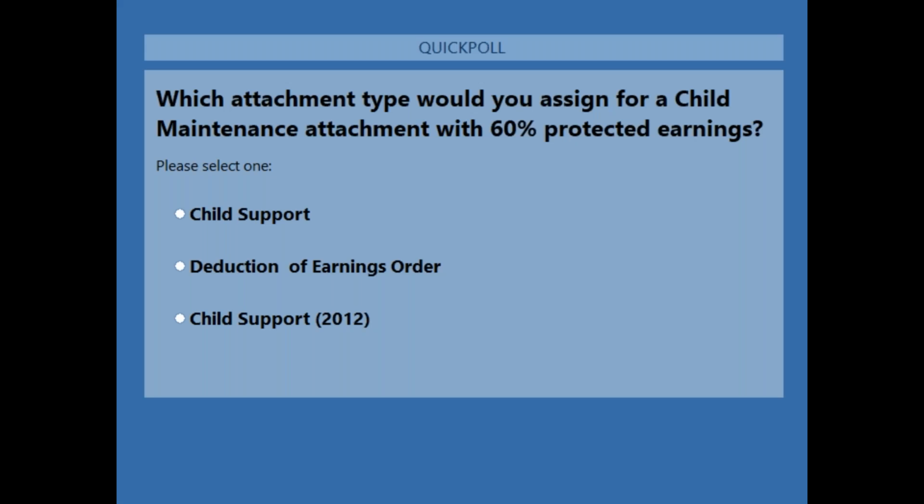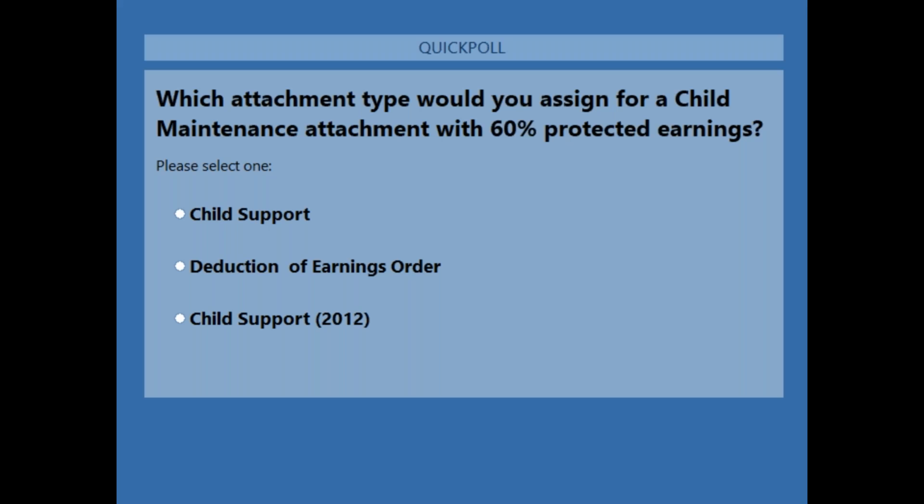On to our next question. So for this one, which attachment type would you assign to an employee in Sage 50 Payroll if you have a child maintenance attachment with a 60% protected earnings proportion? So would you choose the attachment type of child support?